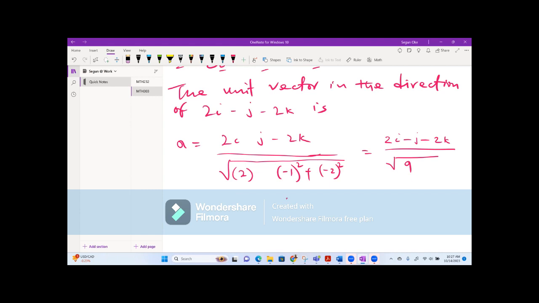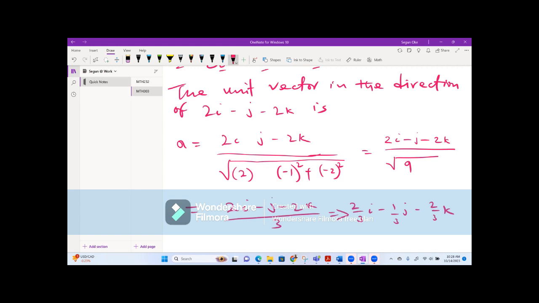Are we together now? Let me just split it. 2i minus j minus 2k over 3, which is the same thing as 2 over 3 i minus 1 over 3 j minus 2 over 3 k. So that was what we did.